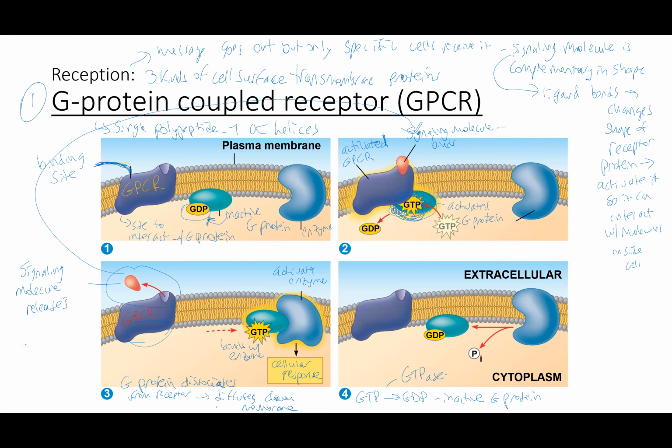GTPase is an enzyme that can remove a phosphate group from GTP to make it GDP to inactivate the reaction. We don't necessarily want the reaction to keep going on and on. So this is a way to stop this signal transduction pathway, by activating the GTPase to make this GDP again to inactivate it. That will stop the pathway.